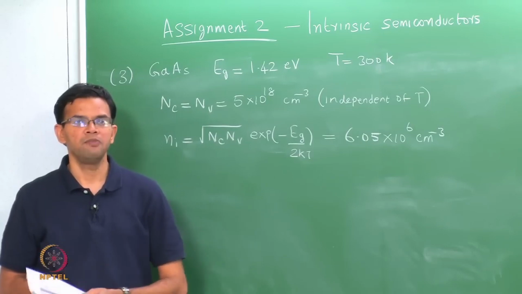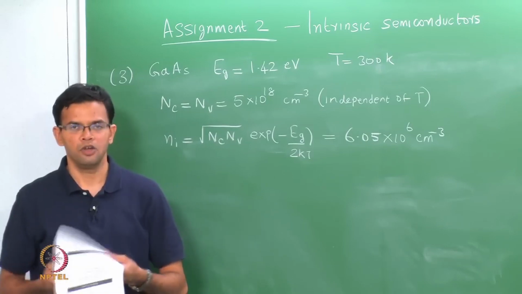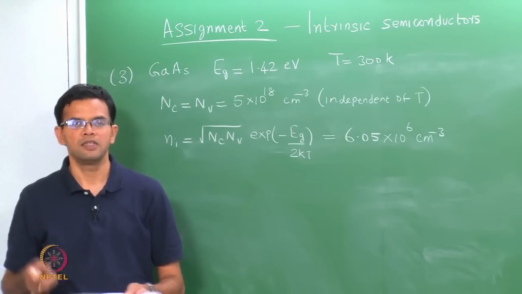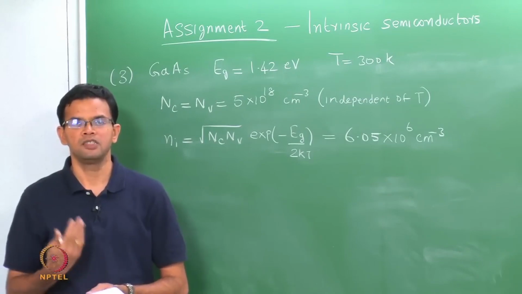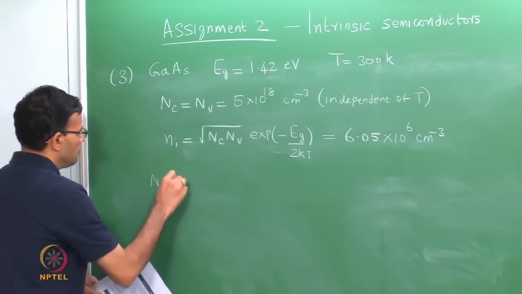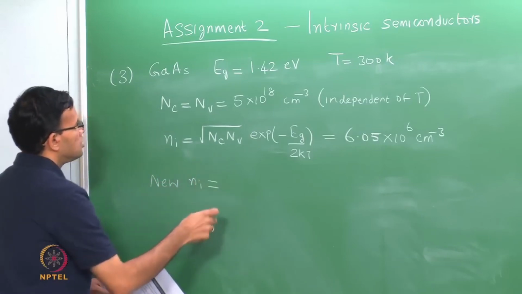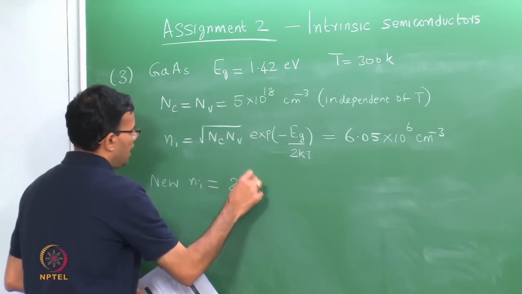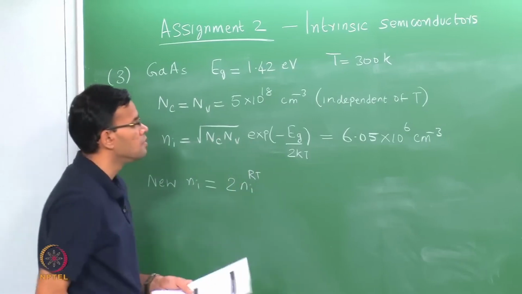So, we want to keep this semiconductor a pure semiconductor, but at the same time we want to increase the value of Ni. The new value of Ni that we want is double the Ni value at room temperature.